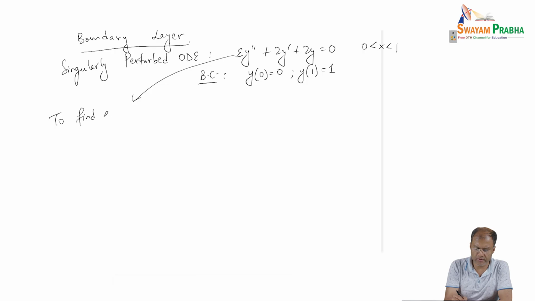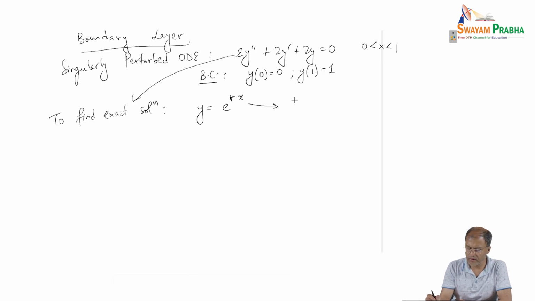To find the exact solution, let us assume y is equal to e to the power rx, and when we plug this form of y, we are going to get an algebraic equation of second order, and that will provide us with two roots r plus minus, which is minus 1 plus minus square root of 1 minus 2 epsilon, divided by epsilon. Right? And those are the two roots.